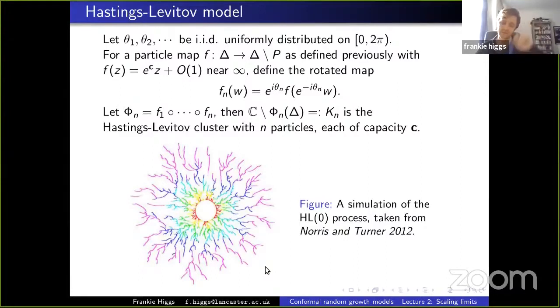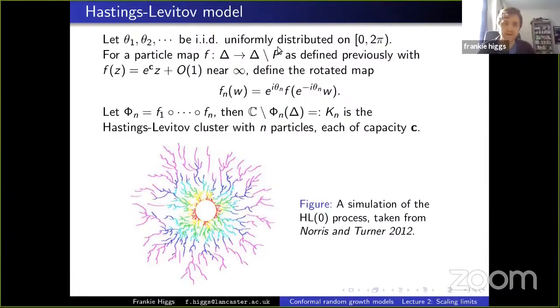That is the hitting distribution of a Brownian motion, or random walk, released from infinity or just from very far away. We construct the cluster by fixing a particle map from a reference domain, the complement of the disk, to a smaller domain: the outside of the disk minus the particle.